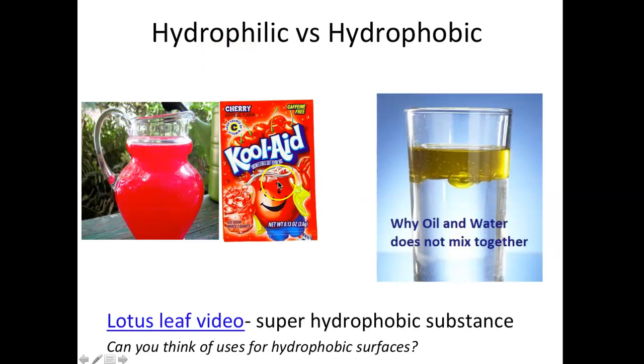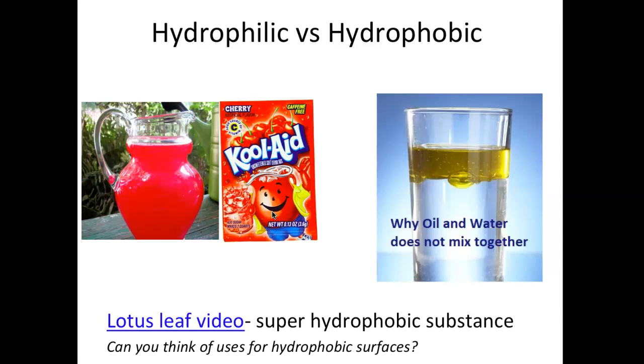The sugar inside is polar and the food coloring is polar. Remember I said water is polar? You have to remember this phrase, like dissolves like. So anything polar dissolves anything else that is also polar. Since water is polar, it dissolves anything else that has a charge on it, okay?